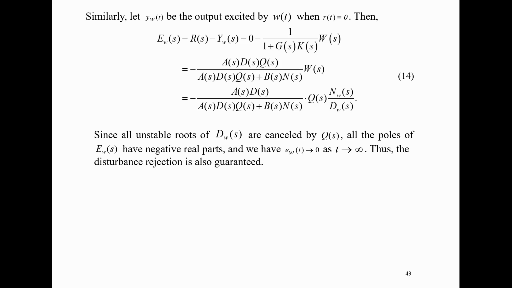So if I prove them separately, the response of this system for those two separate inputs, now I apply them at the same time, will achieve both objectives. So the servo controller will achieve both asymptotic tracking and disturbance rejection.